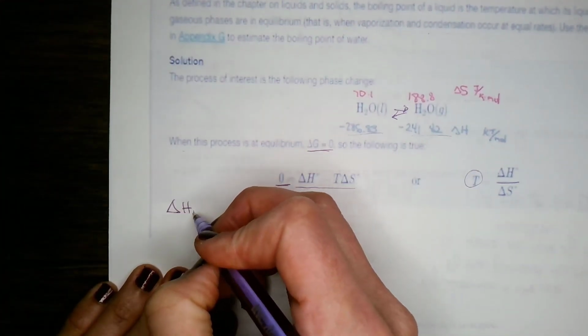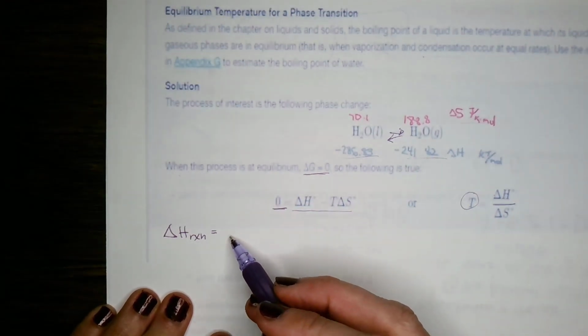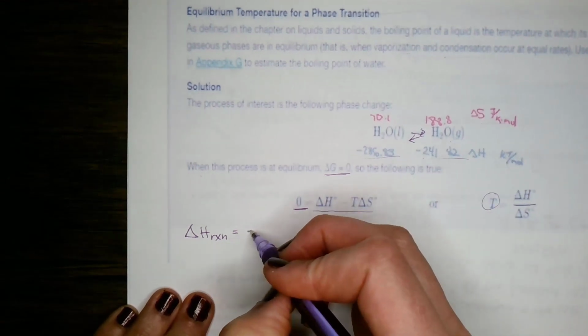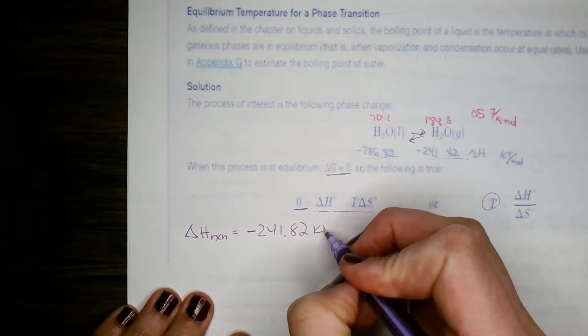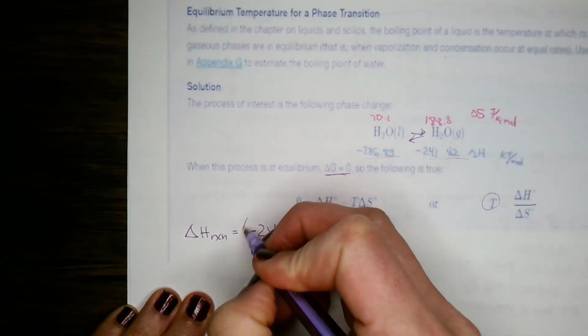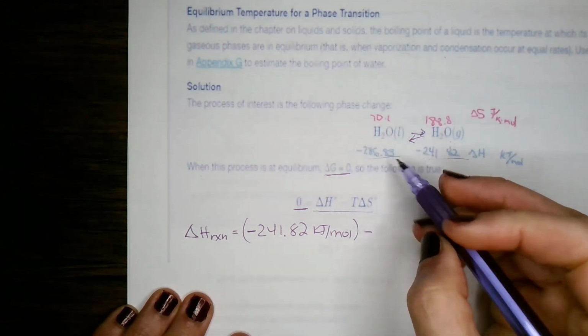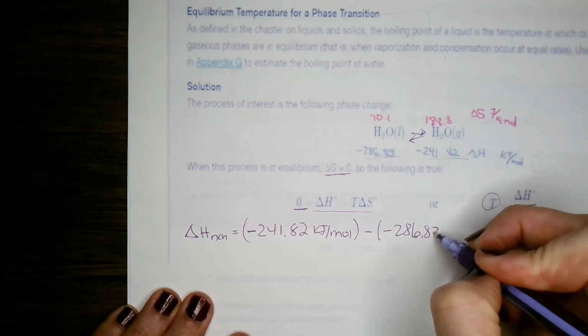Delta H for the reaction is equal to the products minus the reactants. Here's our products: negative 241.82 kilojoules per mole. Products minus reactants. The reactant is negative 286.83.